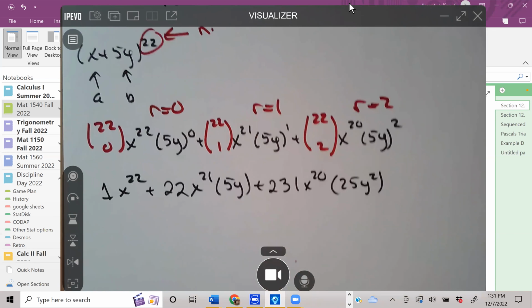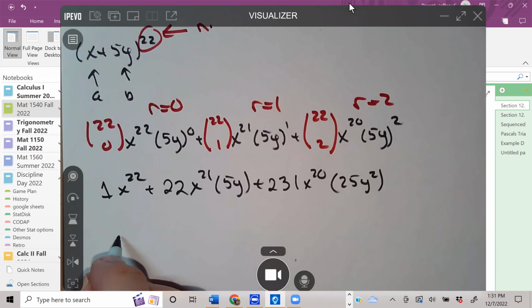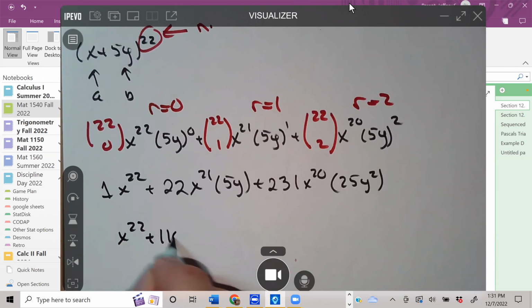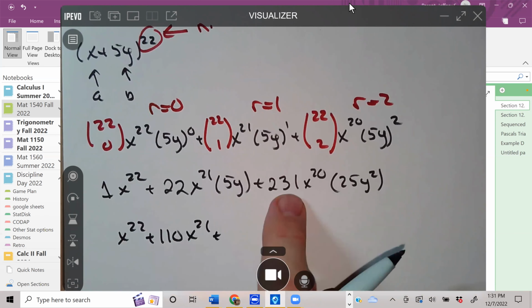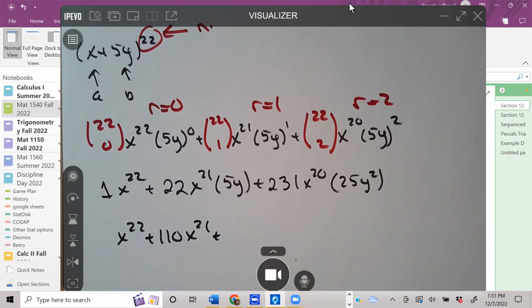Okay, so not so bad. x to the 22nd plus 110 x to the 21st plus, I'm definitely going to bust out the calculator on that one, times 25, 5,000, oops. Can anyone tell what I forgot here?